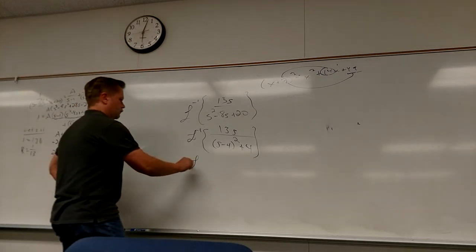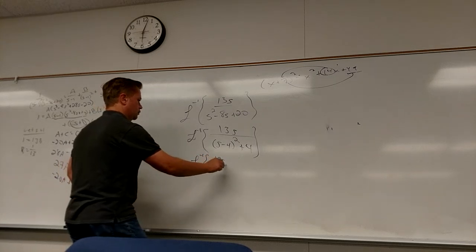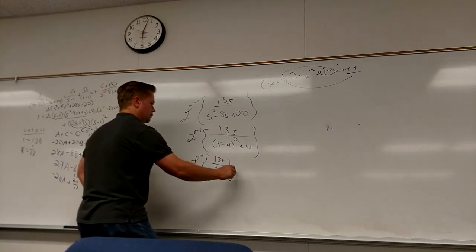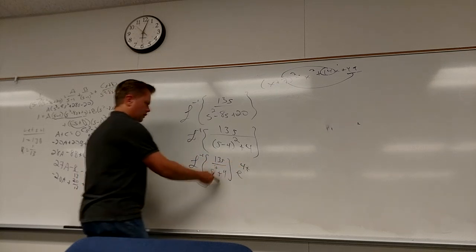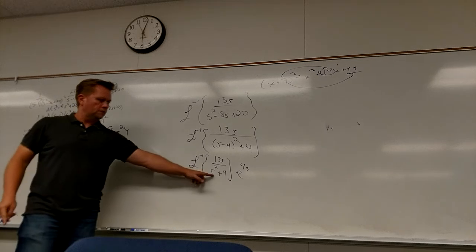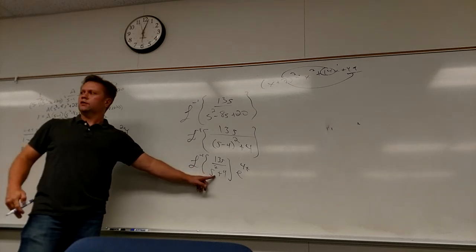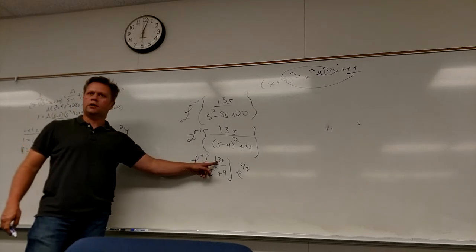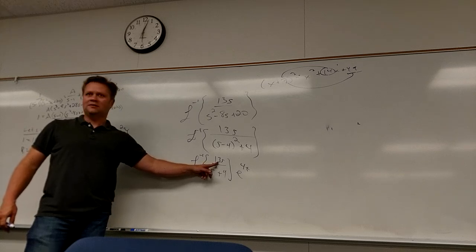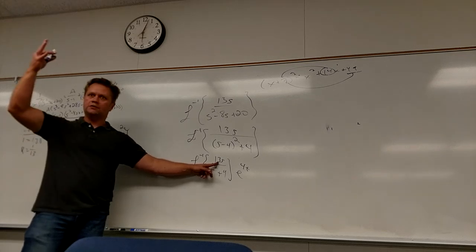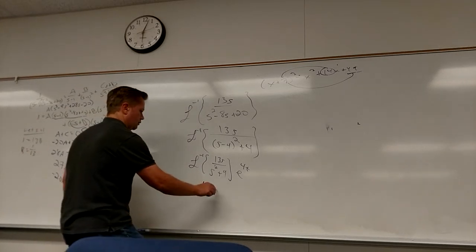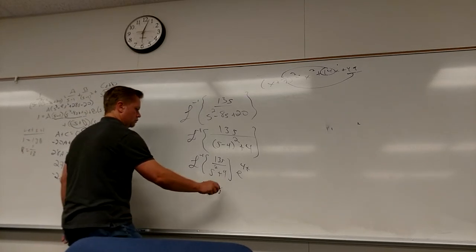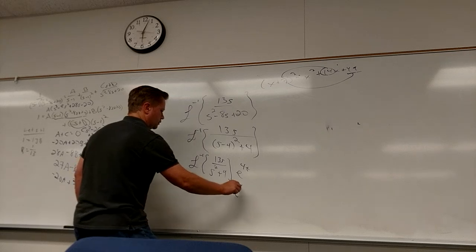I would say this is the inverse Laplace of 13s over s squared plus 4 times e to the 4t. And I can focus on that. That's going to be a what? Cosine. The sine has to balance with the k on top, right? The cosine has an s on top. So this is just going to be 13 cosine of what? 2t.